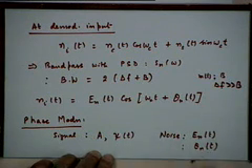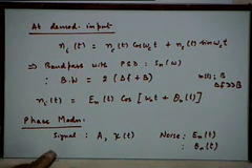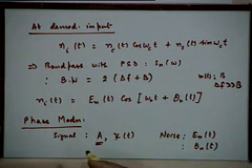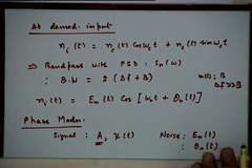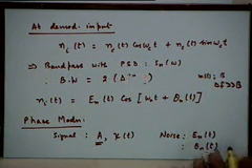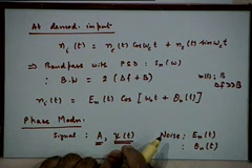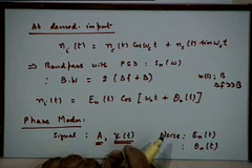I am basically trying to compare these two. This is what you have to understand. A is anyway constant, the amplitude of the input modulated signal. Psi of t is proportional to m(t). For phase modulation, psi of t is kp times m(t), right?